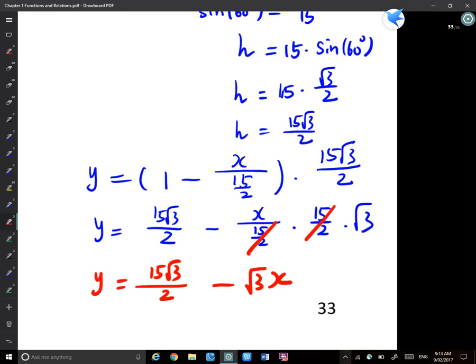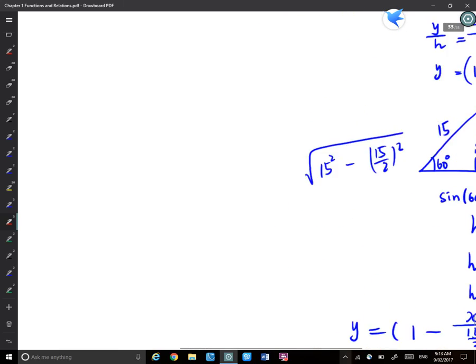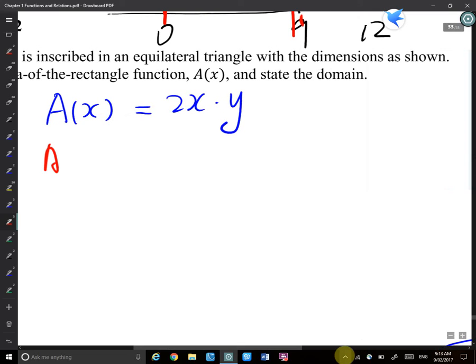It's just really a lot of calculations. If you can simplify that correctly, you will have this answer. Okay, so that is my y value. So I'll put the y value back here. So the area equals 2x times y. So y is 15 root 3 on 2 minus root 3x.